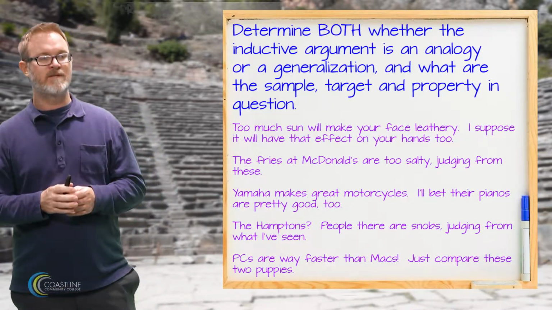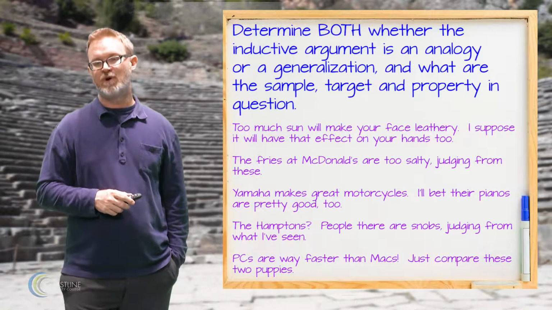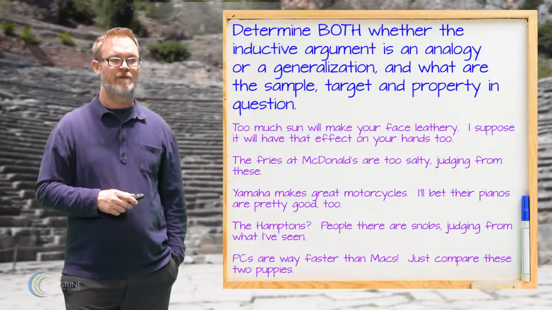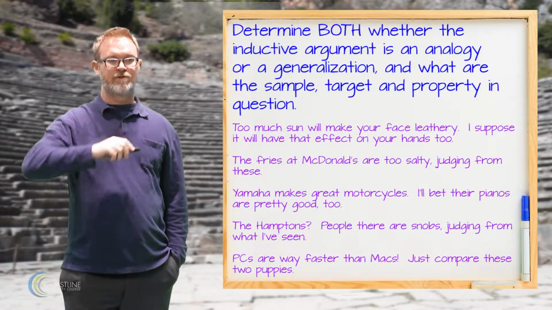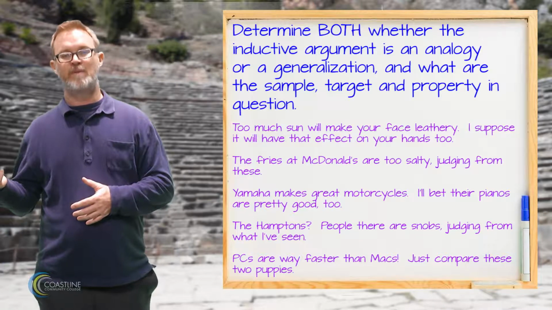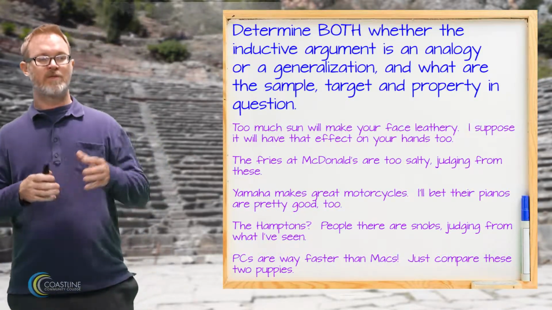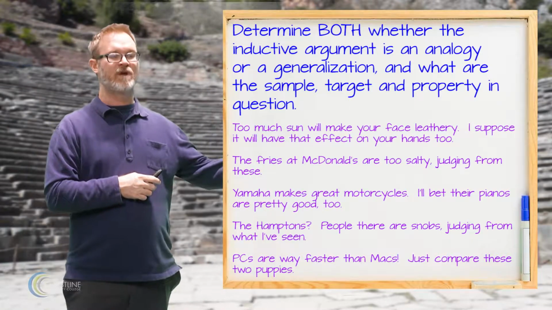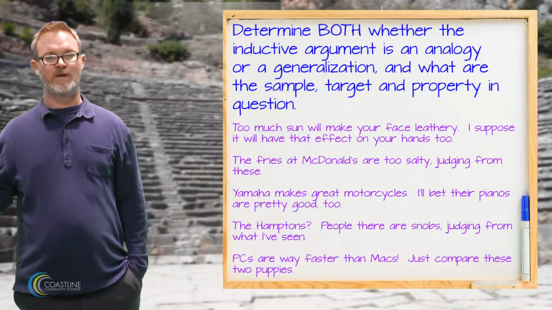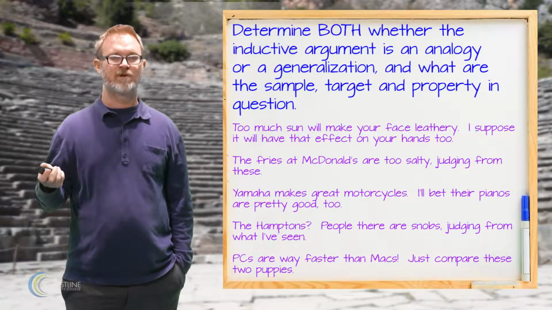Okay, the next example, it says Yamaha makes great motorcycles. I'll bet their pianos are pretty good too. So the comparison here is between Yamaha motorcycles and pianos. So those are our sample and our target. You can see that the reasoning goes from how the motorcycles are to how the pianos will be. So the motorcycles are the sample and the pianos are the target.